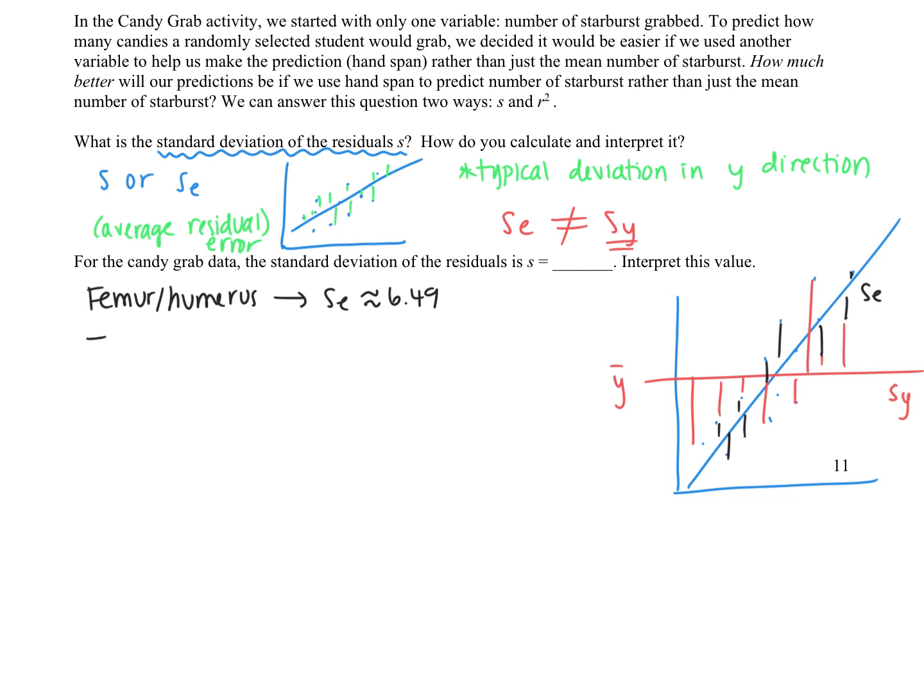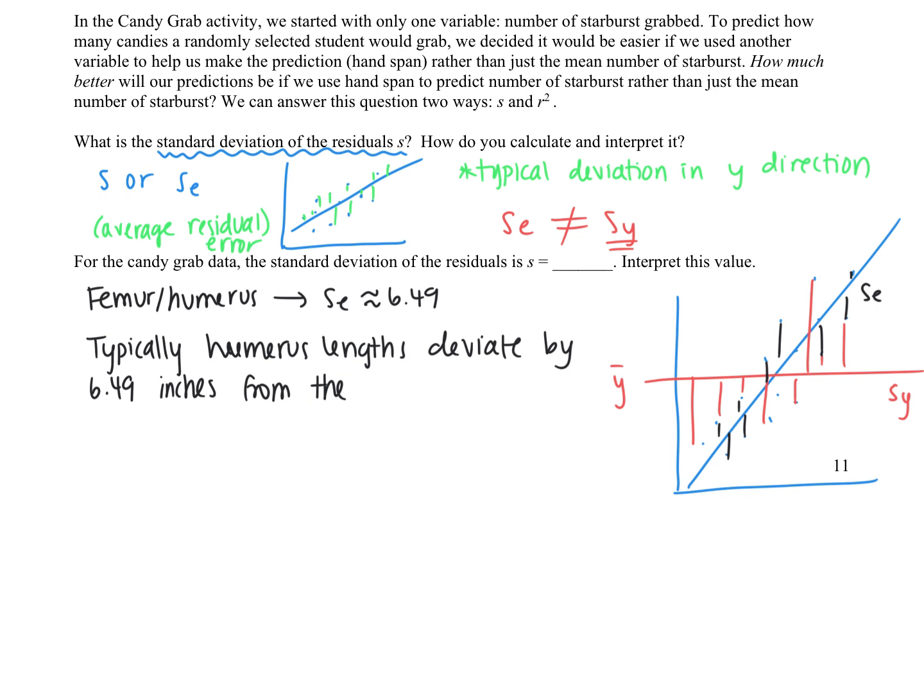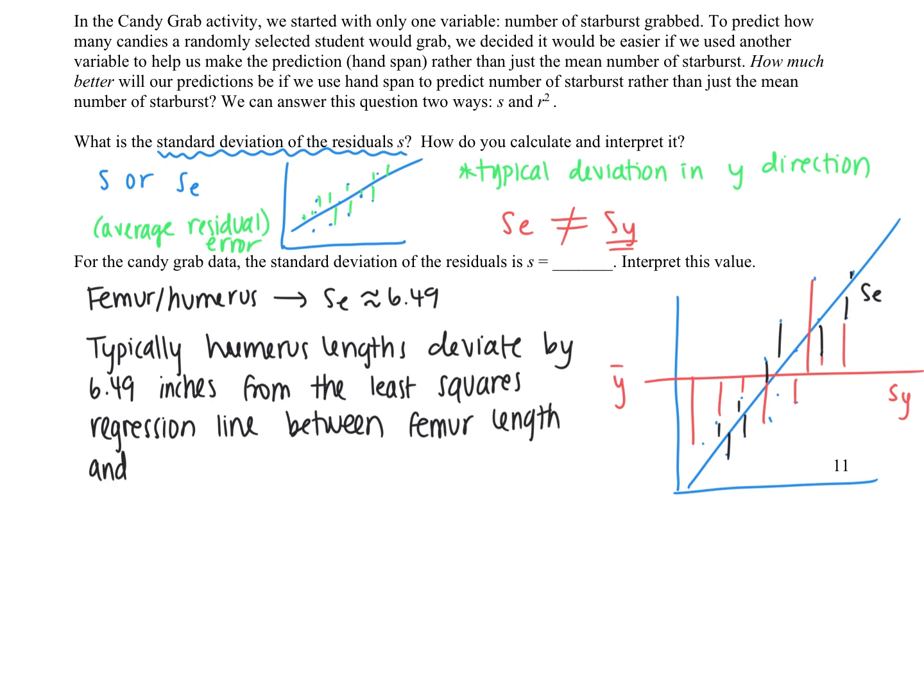So if I'm going to put that in words, I'm going to say typically humerus lengths deviate by 6.49 inches from the least squares regression line between femur length and humerus length.